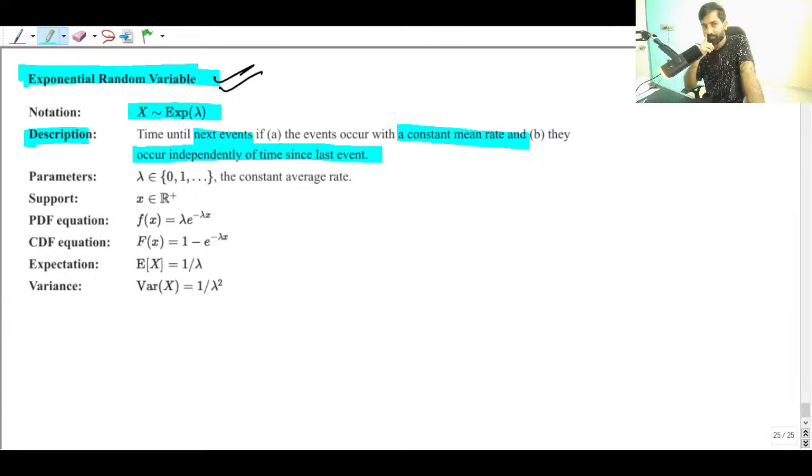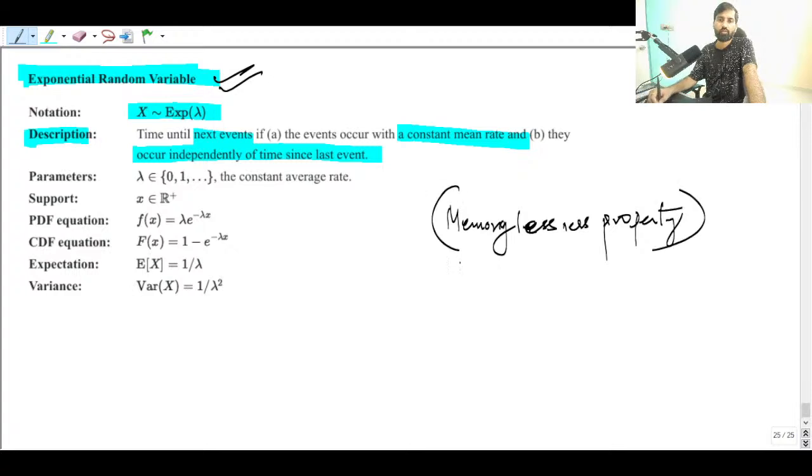That means the exponential random variable also has the memorylessness property. Memorylessness means whatever happened in the past is not going to affect your future events.